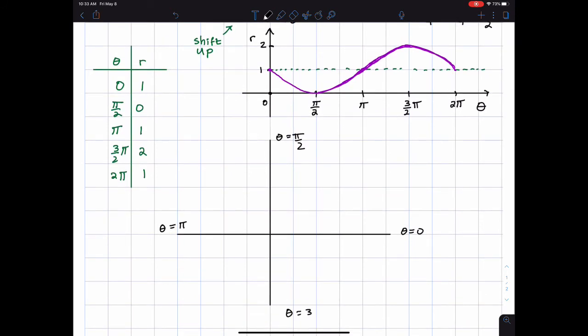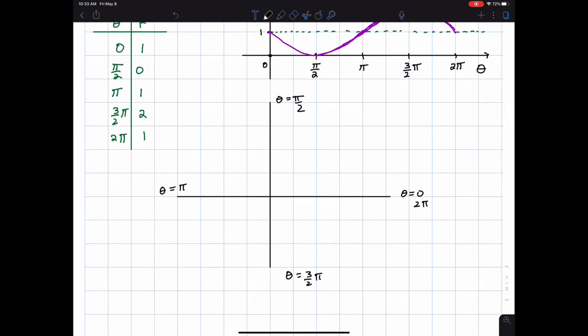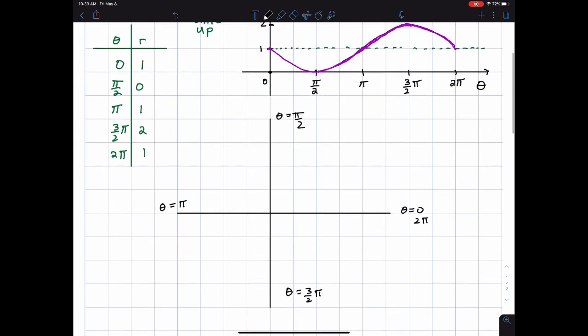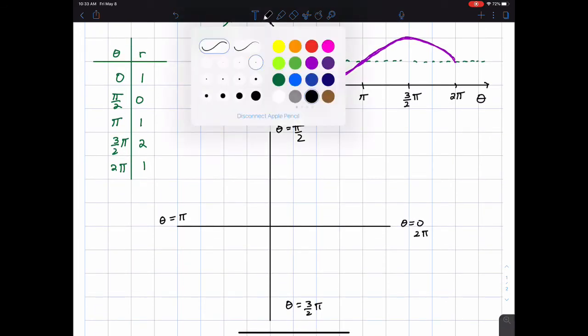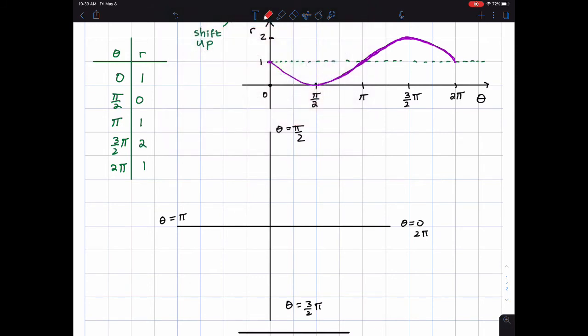Theta equals 3 halves pi, and then this is also 2 pi. Okay, so I'm going to then plot points. I have to figure out what my scales should be, and I want to make this a little longer to get this to work. And then also I might end up erasing some of these labels because they might get in the way. I'm going to pick a nice bright color, maybe this orange color here.